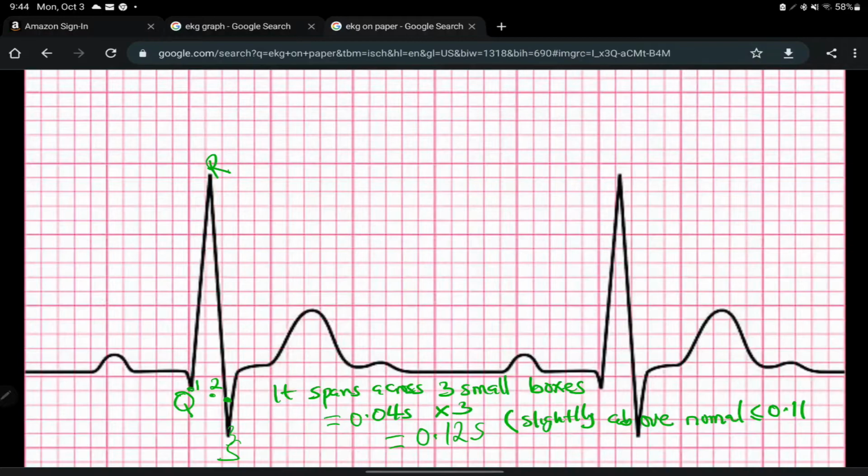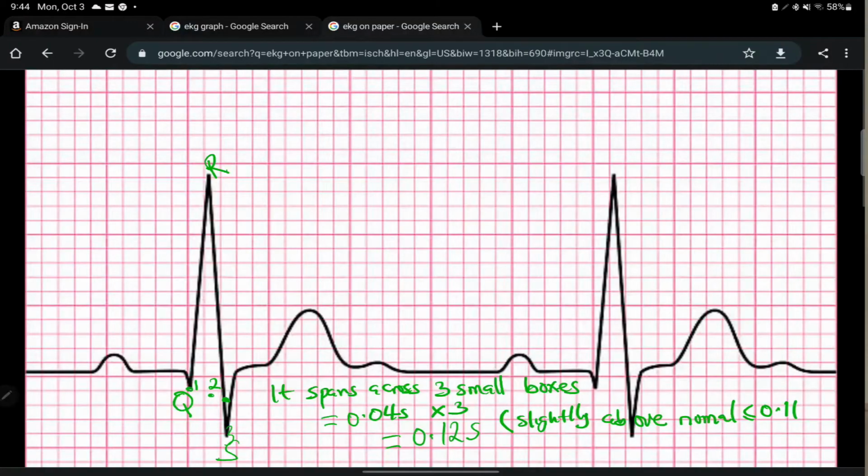So 0.04 second times 3 equals 0.12 second. And don't forget that the normal QRS complex should be less than 0.11 second. So in this EKG graph, the QRS complex is a little bit above the normal.